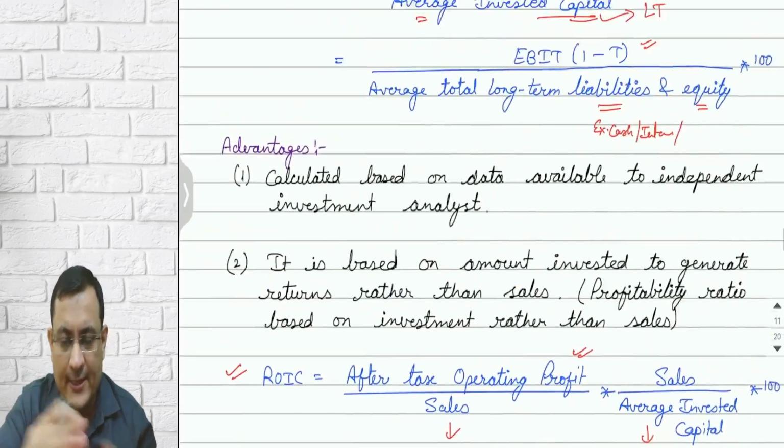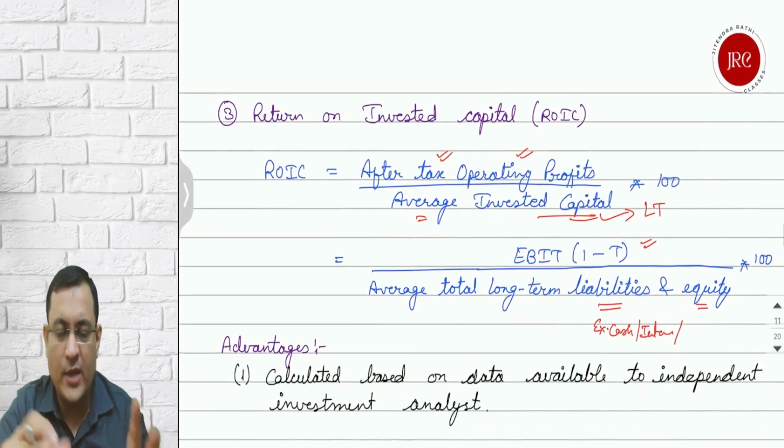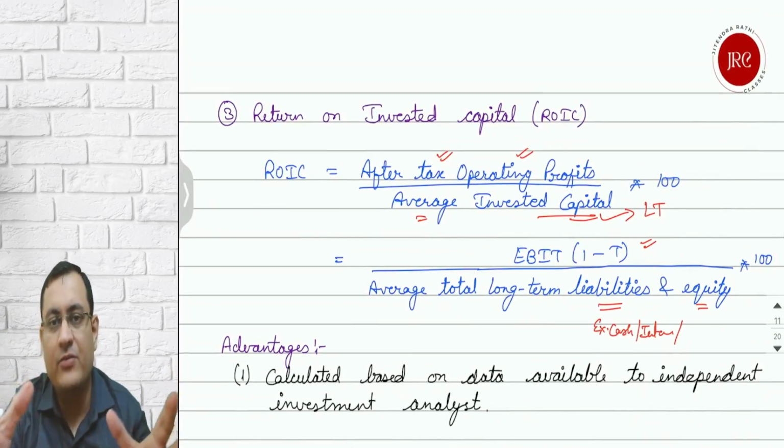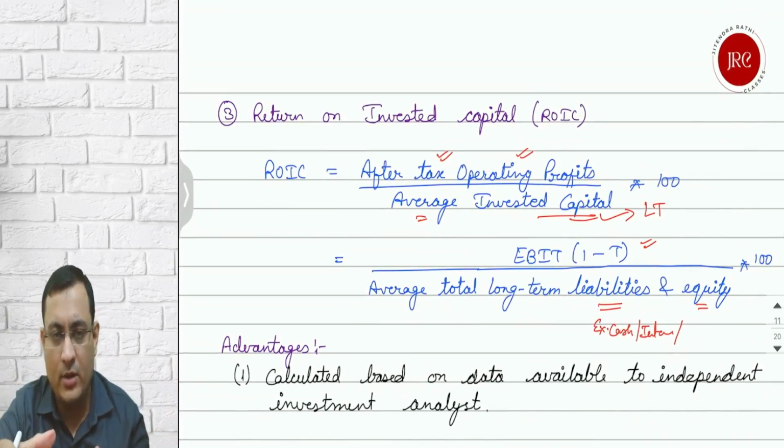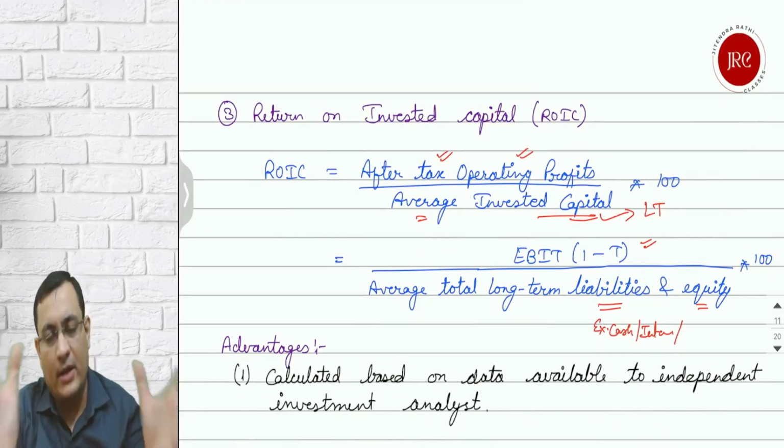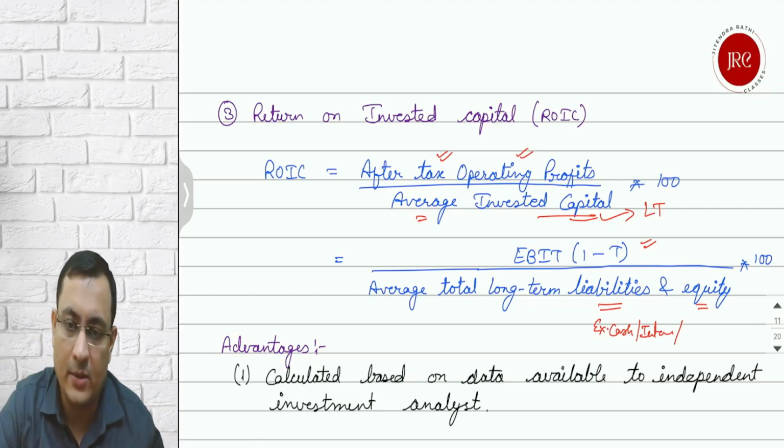So with these limitations, we know that ROIC is not a very efficient way of decision making for a project, but if you only have aggregate accounting data, then this is the best method.